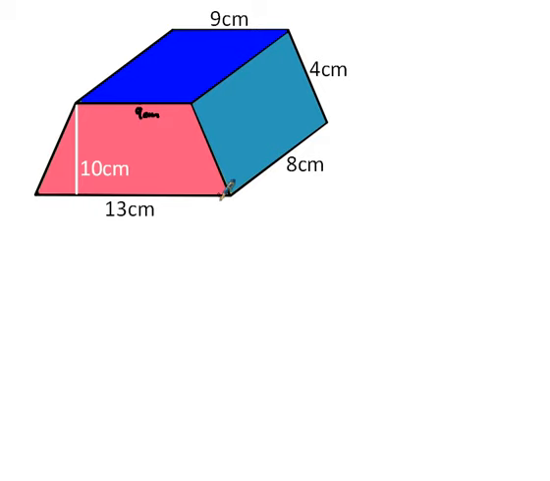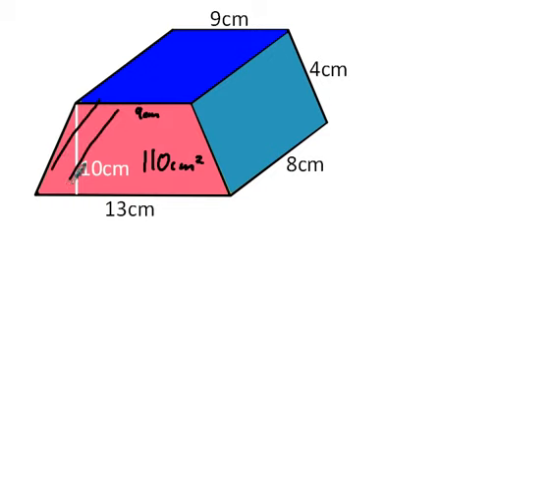And once you've got that, you multiply it by the vertical height. So I'll say that again. There is a video on this if that would help. You add the two parallel sides together and divide by 2, and then multiply by the vertical height. So 9 add 13 is 22. Divide by 2 is 11. Multiply by 10 is 110 square centimetres.